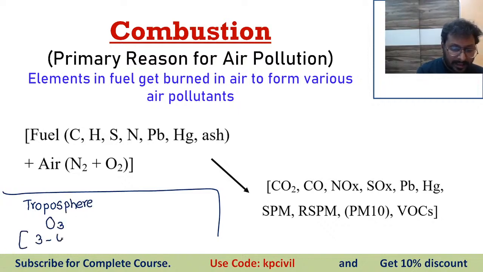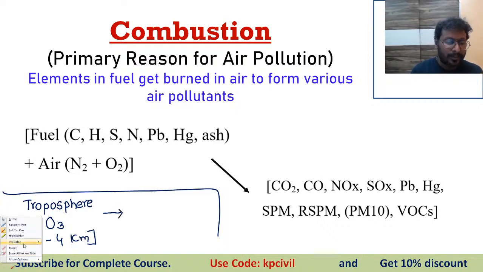Ozone generated 3 to 4 kilometers or 5 kilometers above ground level, due to industrial chimneys and chemical interaction in the atmosphere. The chemical components, volatile organic chemicals and nitrogen oxides, chemically combine and generate ozone. This tropospheric ozone is very, very important, remember.